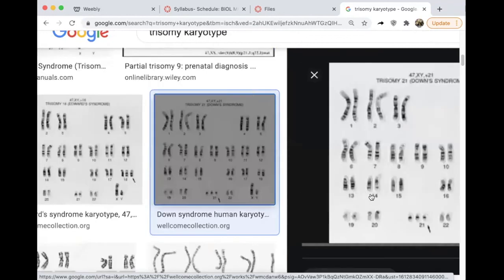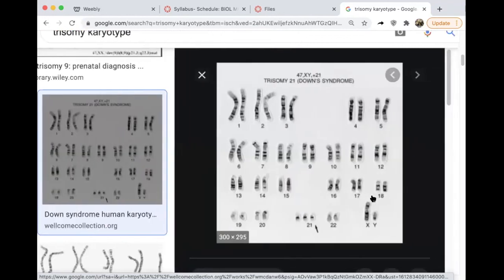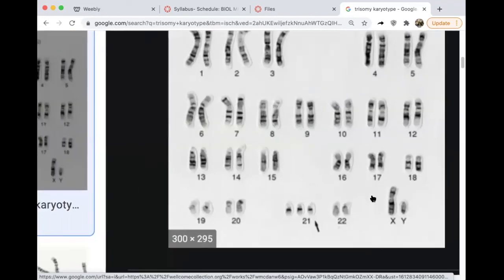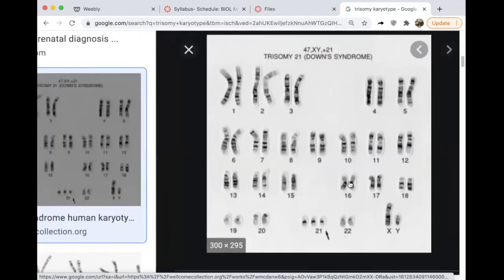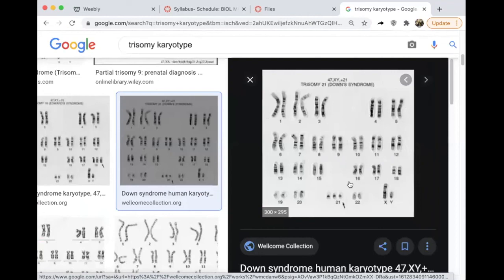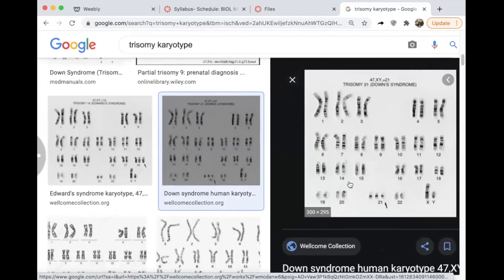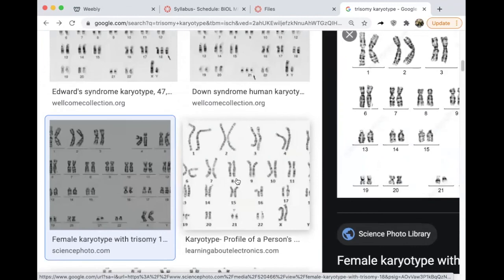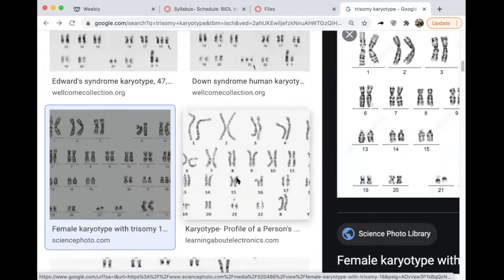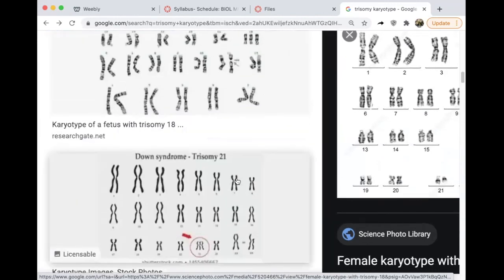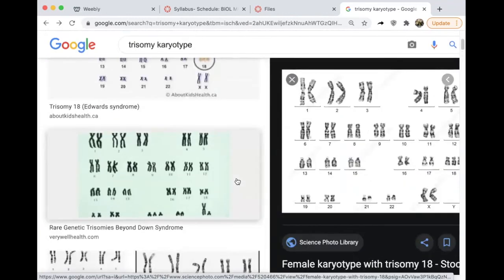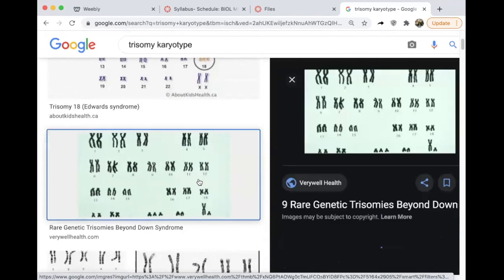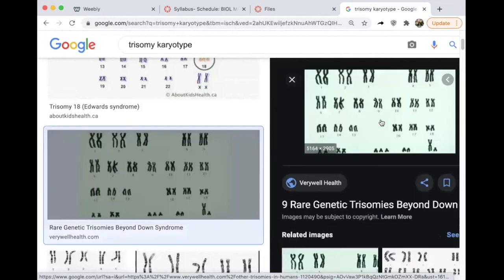This is an example of a karyotype for Down syndrome. 3 copies of chromosome 21. So having more chromosomes creates disorders. It does not increase functionality. It does not give more genes. It just causes a series of complications that unfortunately occurs in the resulting organism. Let's see. This is also, I believe, trisomy 21.